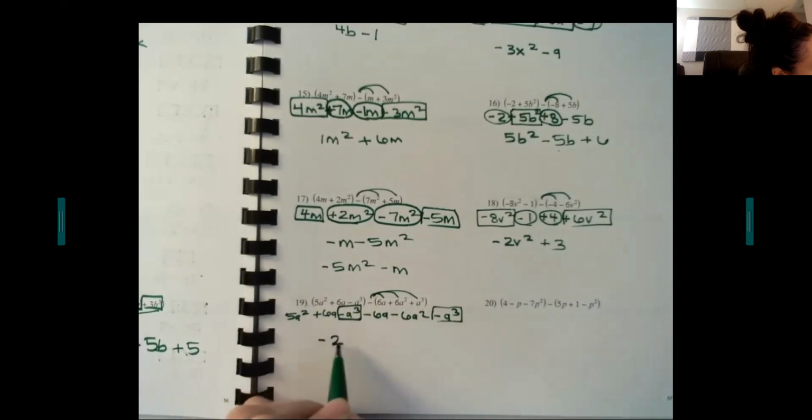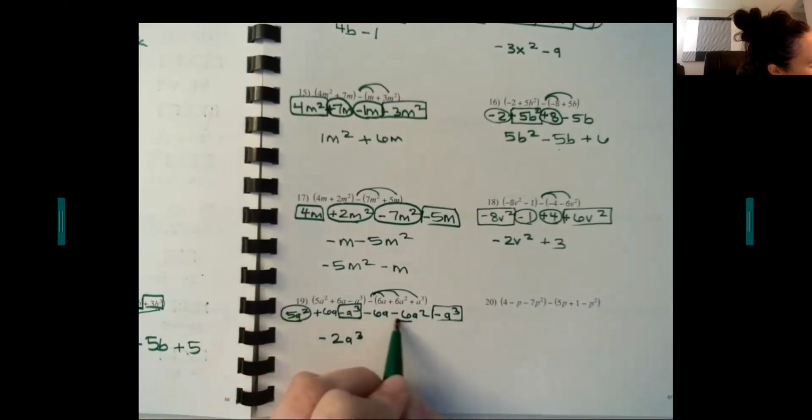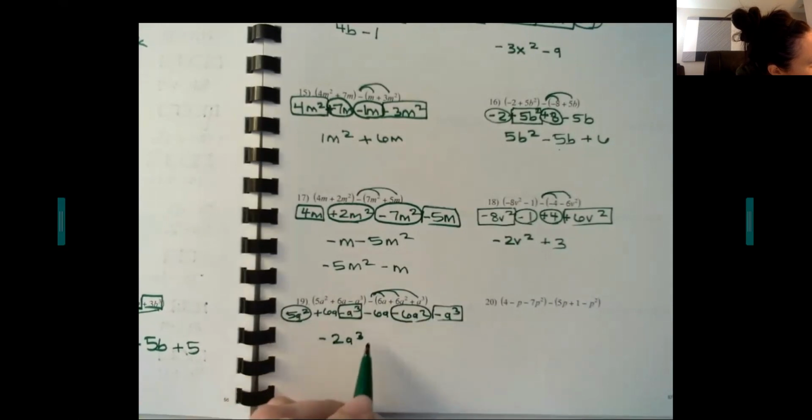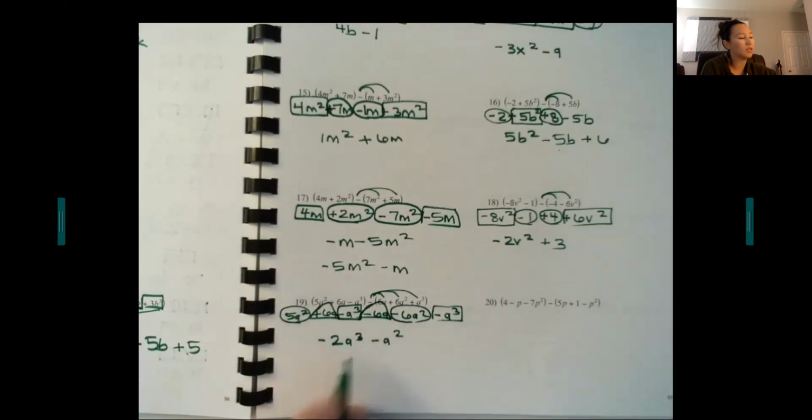So that means we have negative 2a cubed. And then let's do a squareds and a squareds. So if we have negative 6a squared and we add 5, we're left with a negative 1a squared. And then we have positive 6a and negative 6a, which are opposites, so those just cancel each other out. So our answer is negative 2a cubed minus a squared.